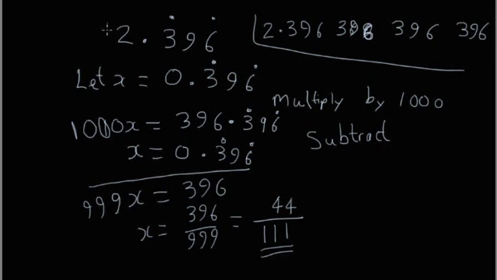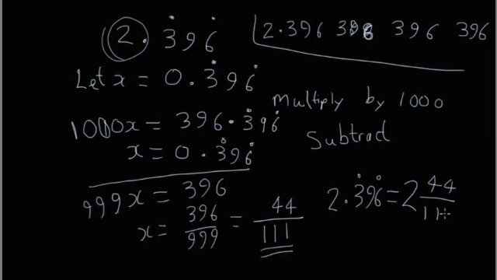But remember, we had this whole number here, so 2.396 recurring, we need to put that whole number back in. It's going to be 2, the whole number, with the fraction 44 over 111. So I hope that is clear, and that is all we're doing for this lesson.